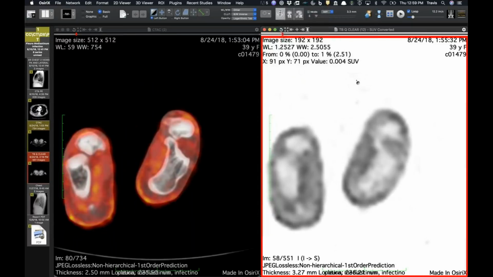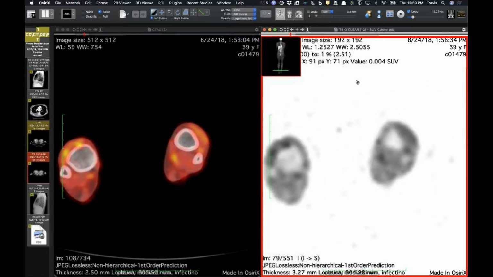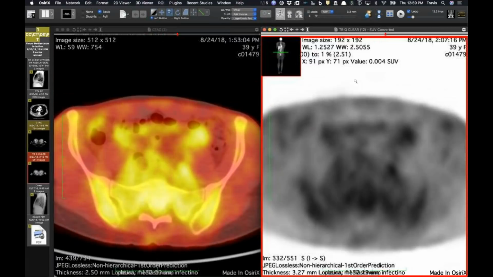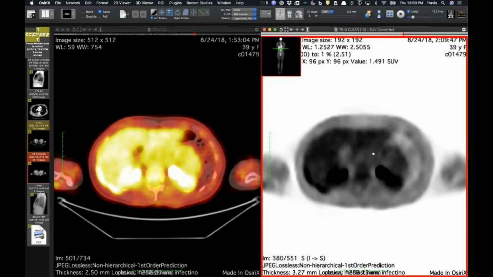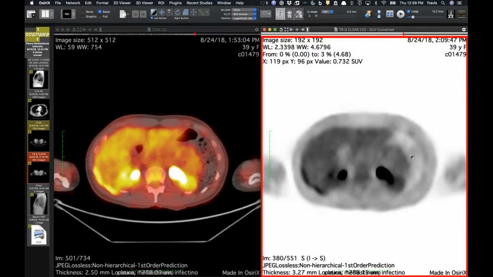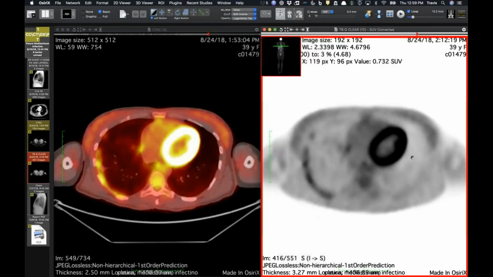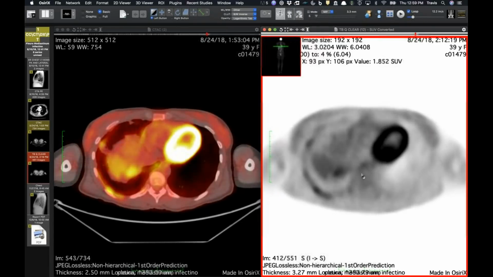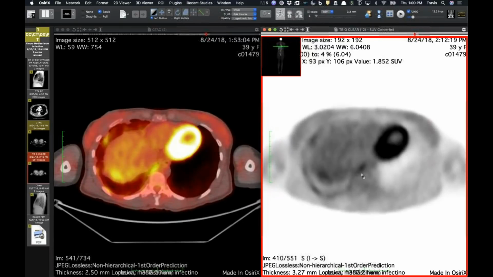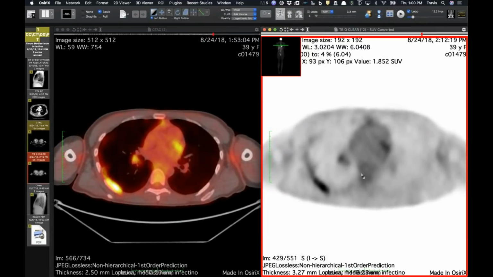Let's see if we can get to the pleural space here. Again, you can see that there's a lot of metabolic activity there. And this is a more recent one.